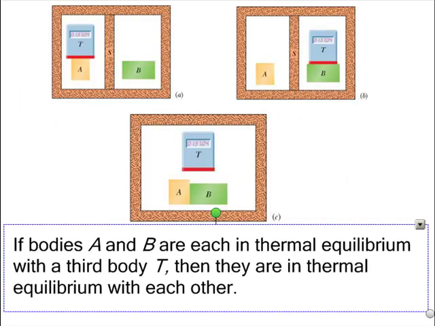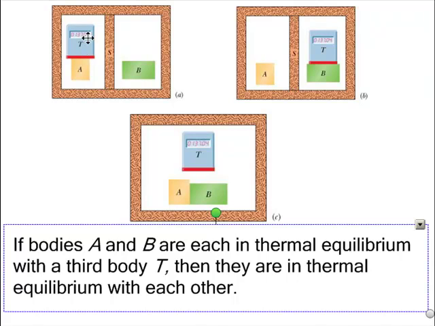This is our first experience with what is known as the 0th law of thermodynamics. If I take object A and I place it with a thermometer until they are at the same temperature, this is a situation known as thermal equilibrium. Their temperature no longer changes.